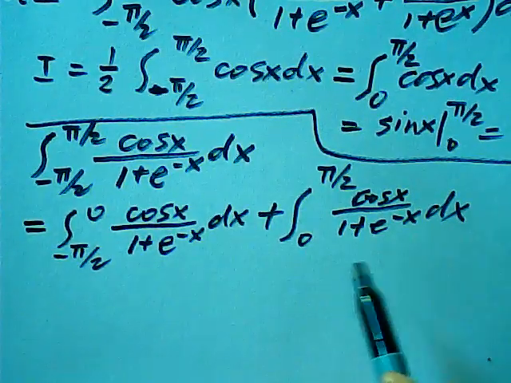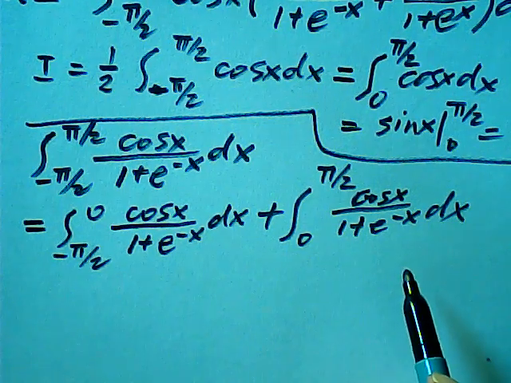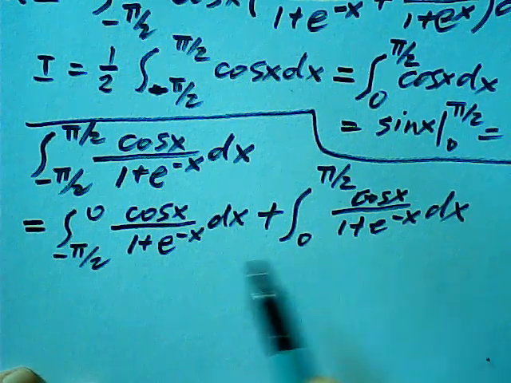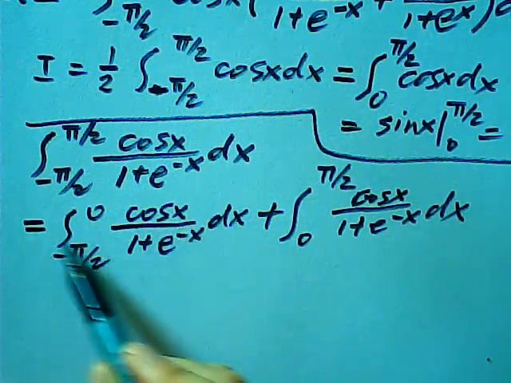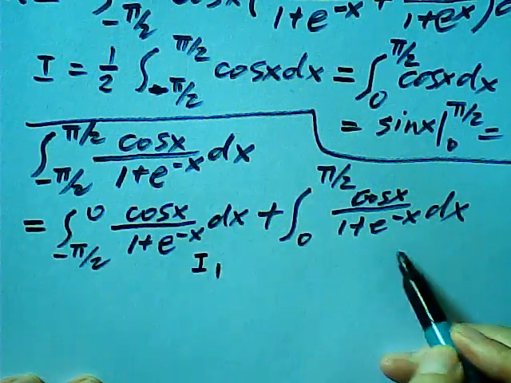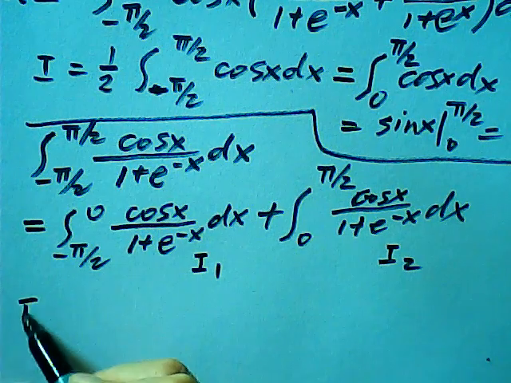Simply split into two intervals. And for the first part, say this is I1, okay? This is I2.